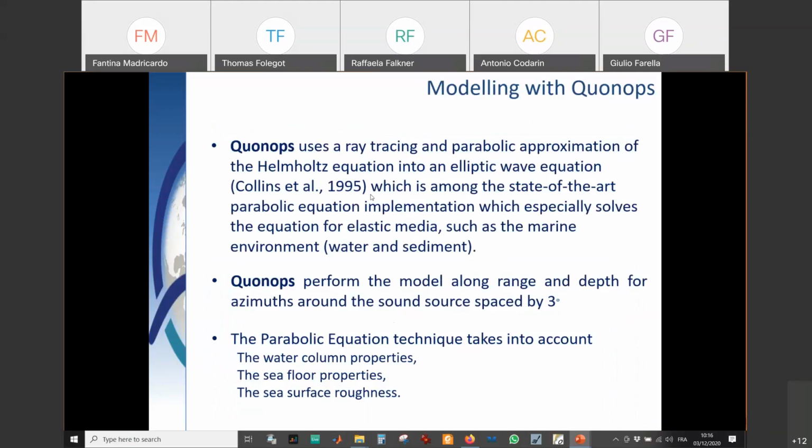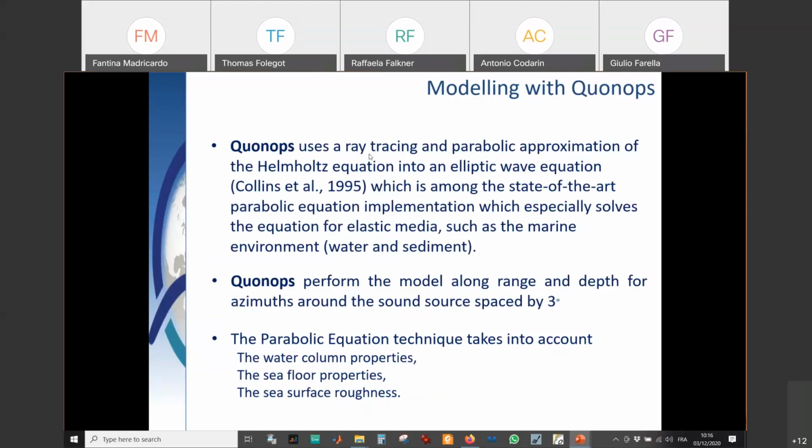In Quonops, we use two types of models. One is ray tracing, and the other one is a parabolic approximation, which are probably the most used modeling techniques in the world, I guess.